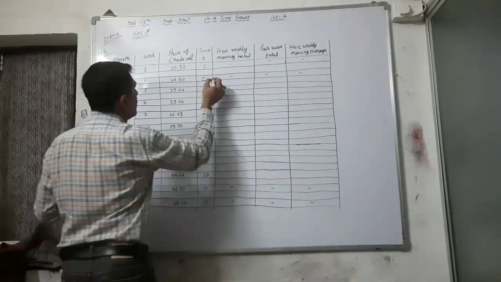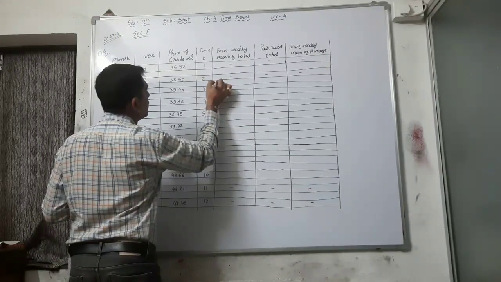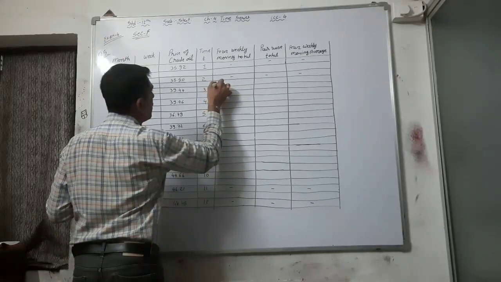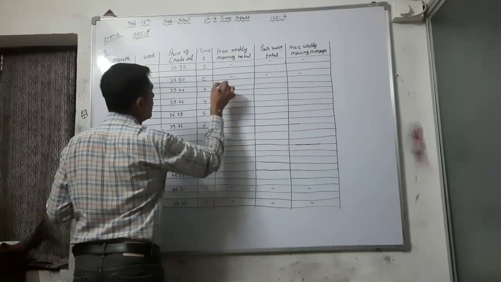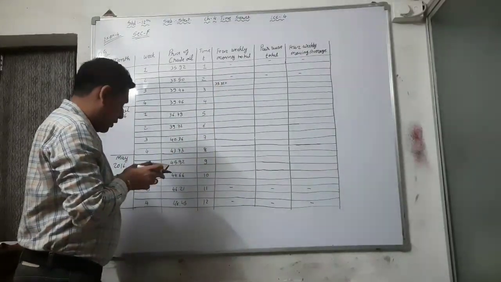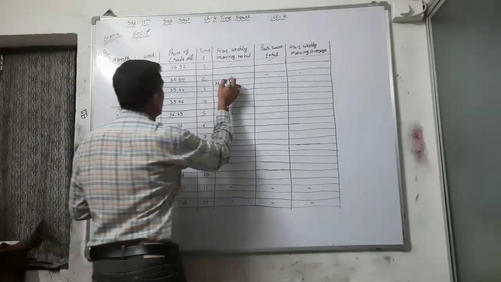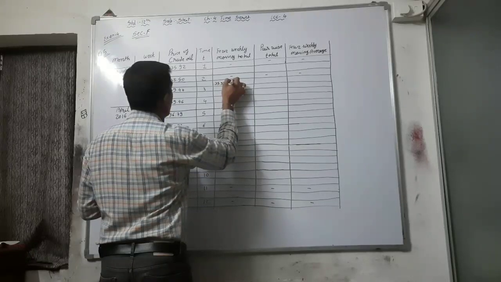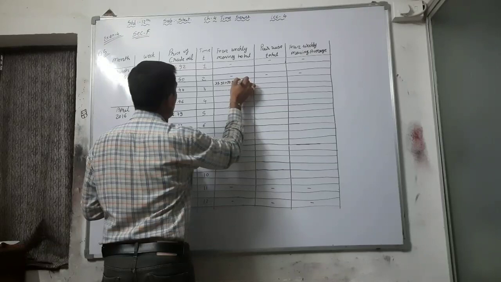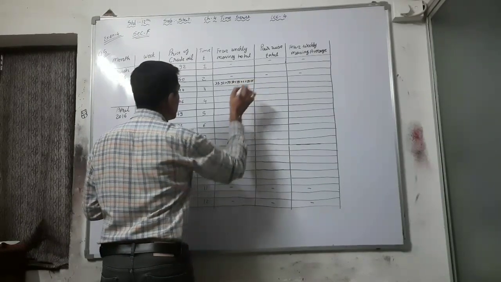So here 35.92. See, there is a limitation on the board, so I am writing in small letters. 35.92 plus 38.50 plus 39.44 plus 39.46.